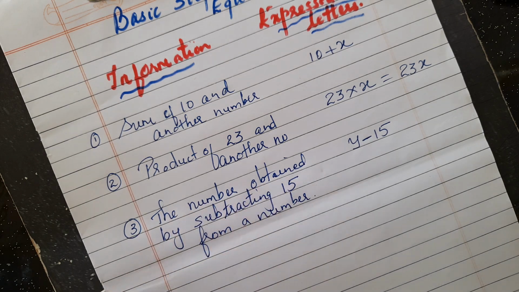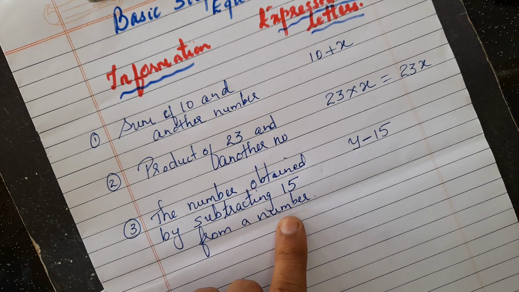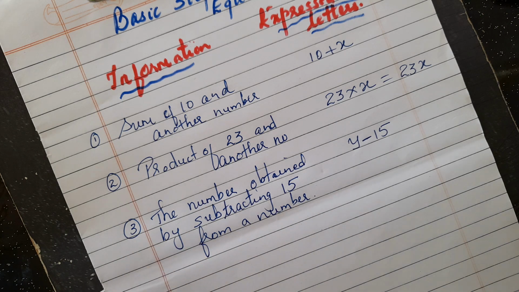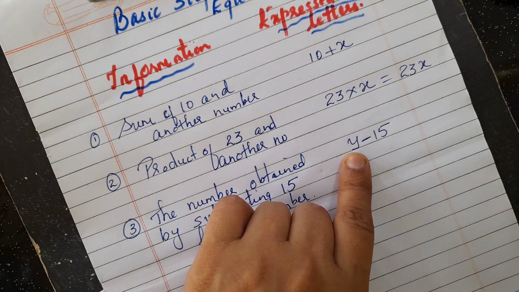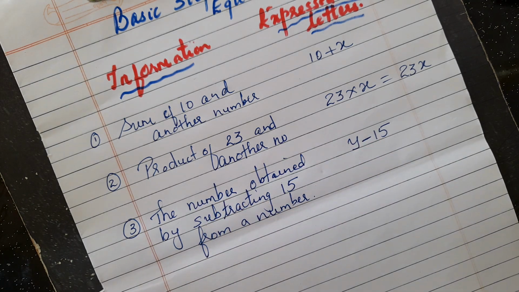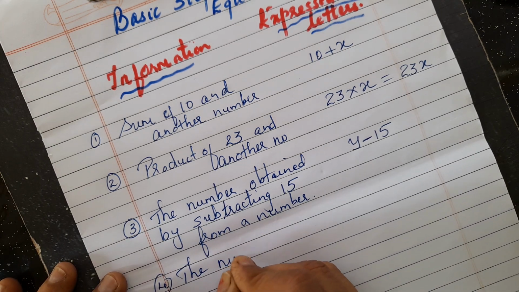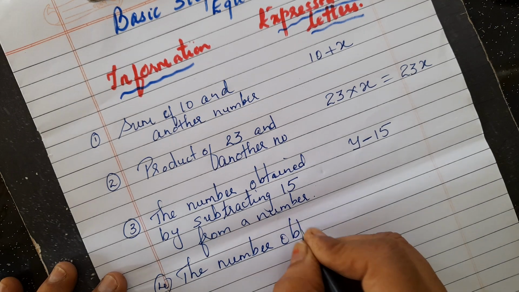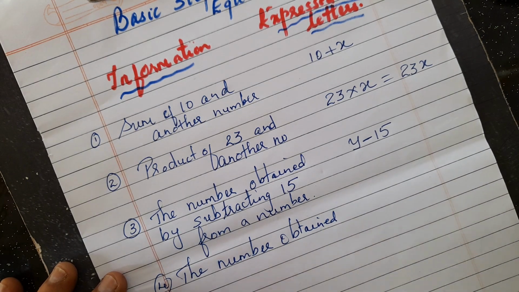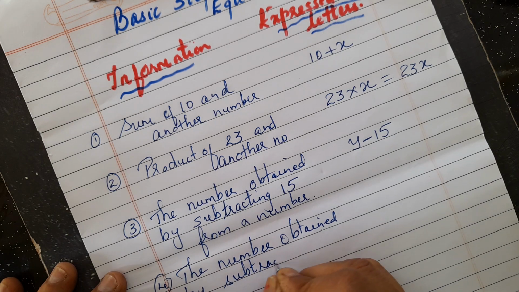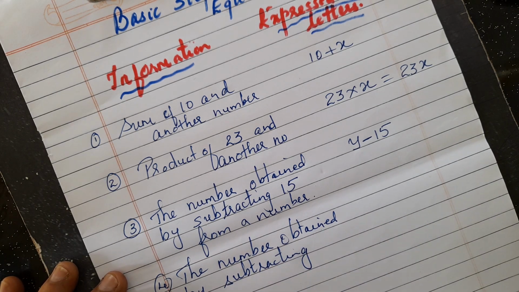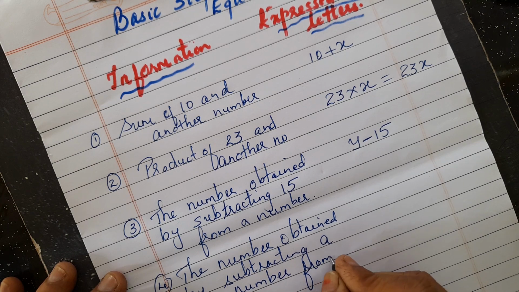See, the number obtained by subtracting 15 from a number. It is not given that from a number 15. No, it is given 15 from a number. So from a number should come first and then 15. Now if it is like this: the number obtained by subtracting a number from 15.